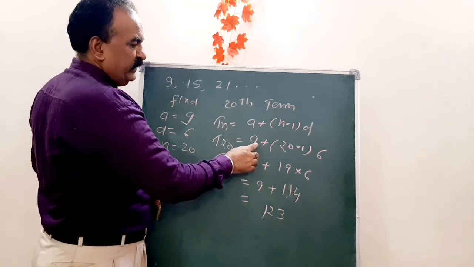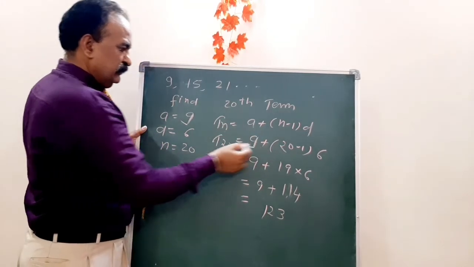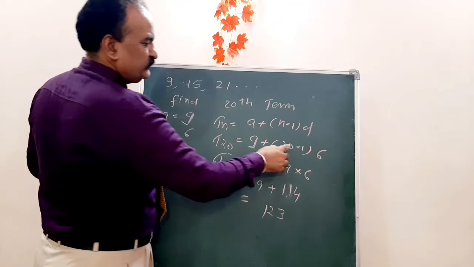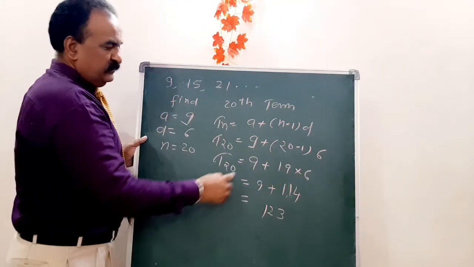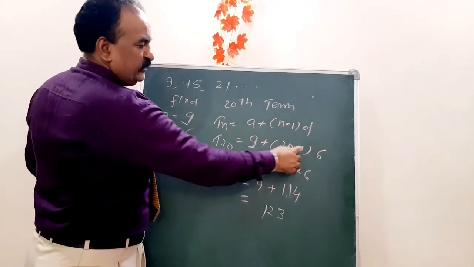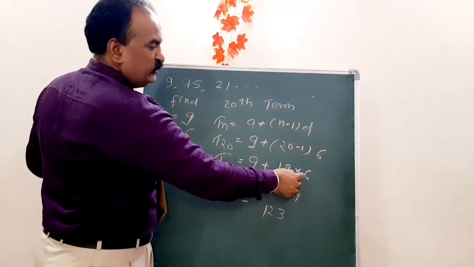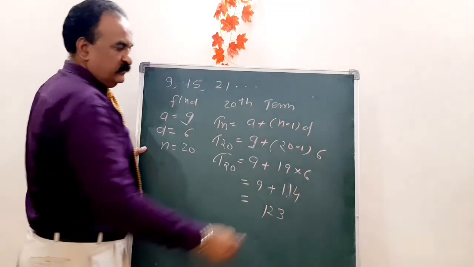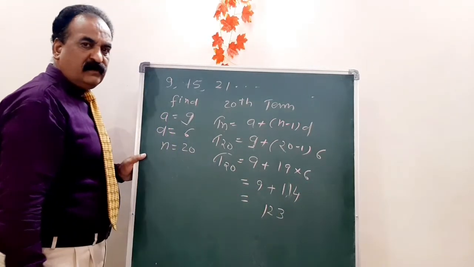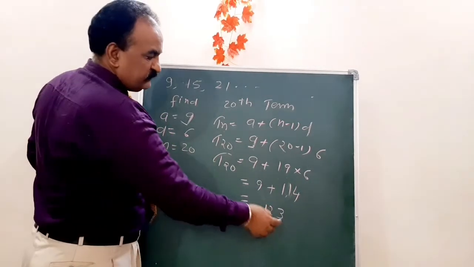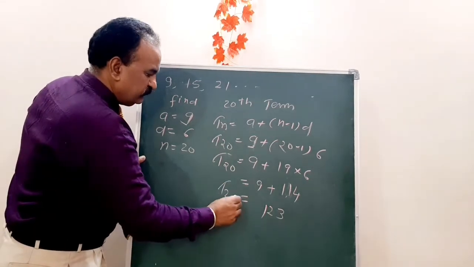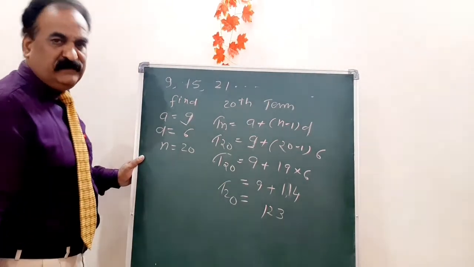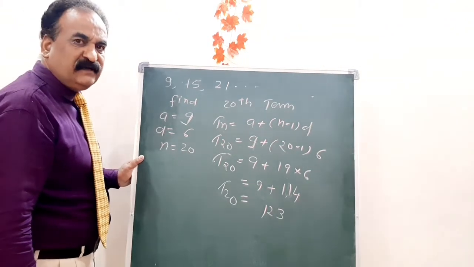T20 is equal to 9 plus 20 minus 1 into 6, which is 9 plus 19 into 6, that is 114 plus 9. The answer will be 123. It means the 20th term is equal to 123. I hope this is clear.